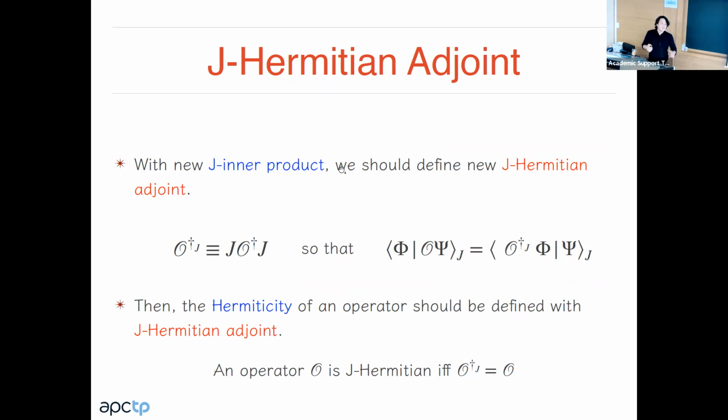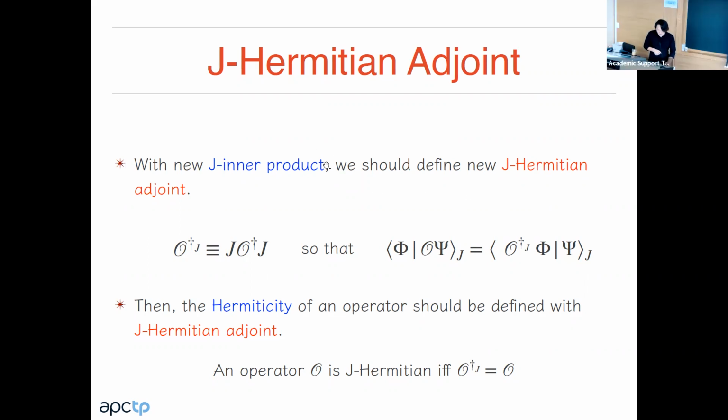Let's recall the linear algebra course we learned in undergrad school, where we define the adjoint or Hermitian adjoint, and that usually comes from the inner product.